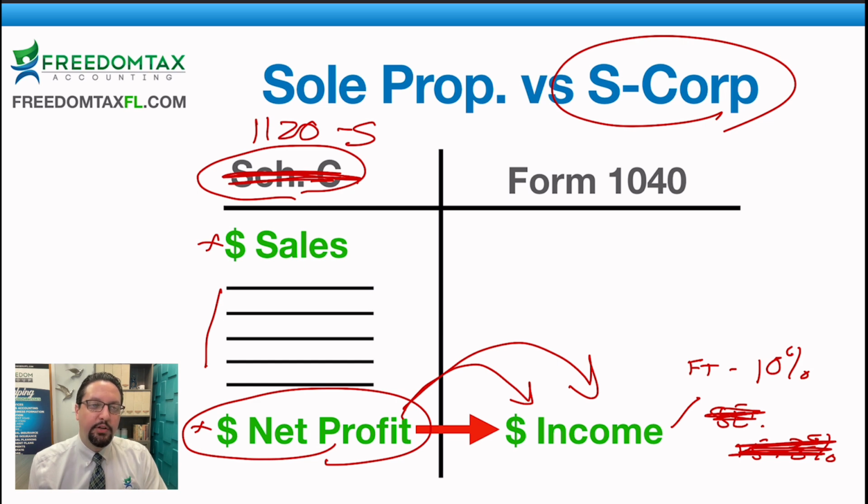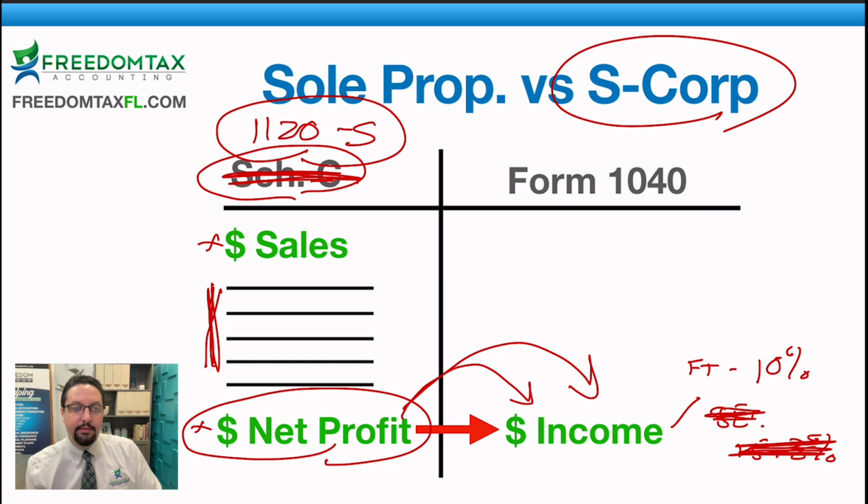Now you may ask yourself, well, why doesn't everyone do this? It's because the S corporation has other requirements. For example, the 1120S form is a lot more expensive. The way you do your accounting is a lot more complicated, so you most likely are going to have to pay a CPA to do your bookkeeping.